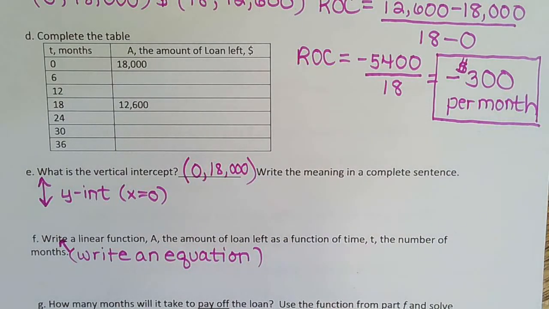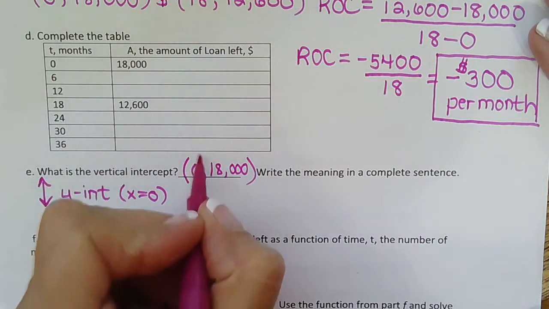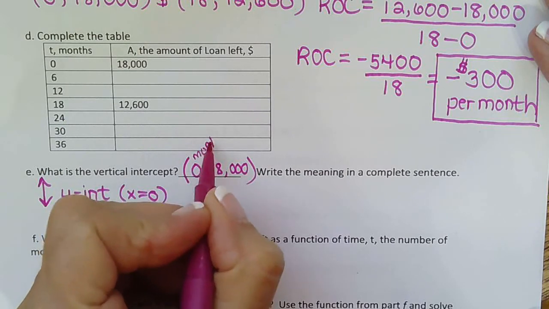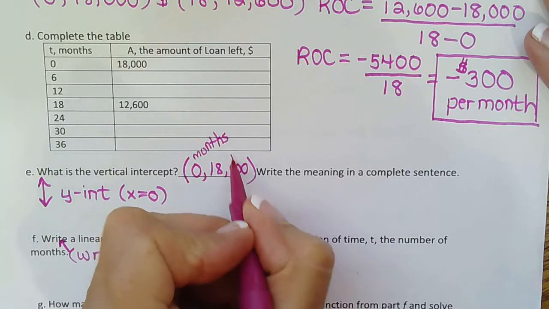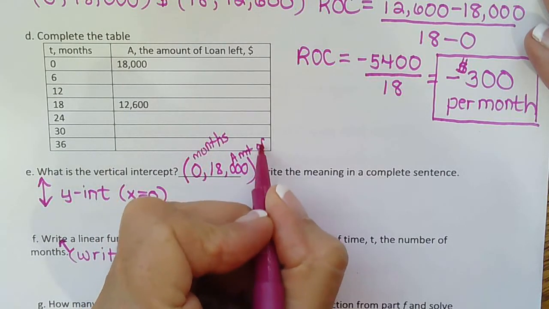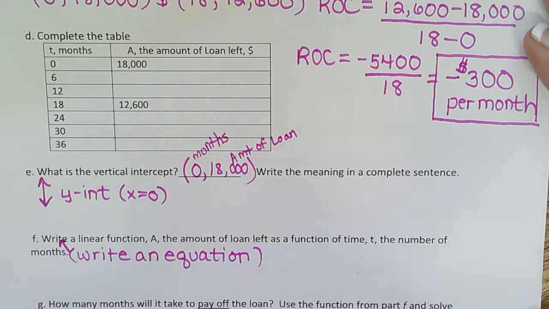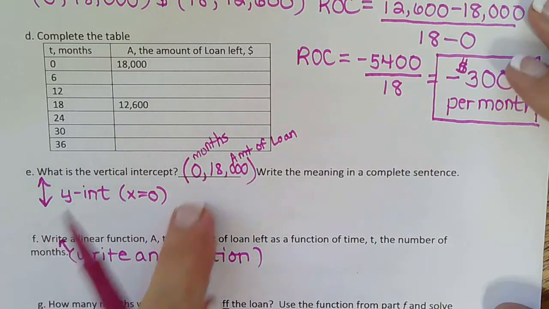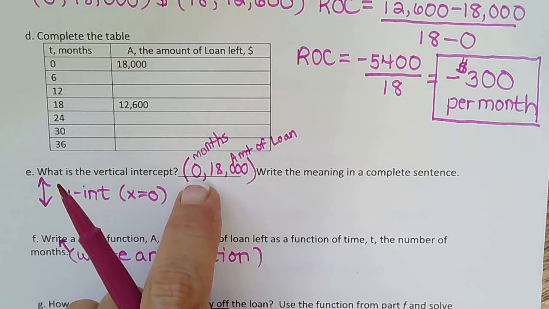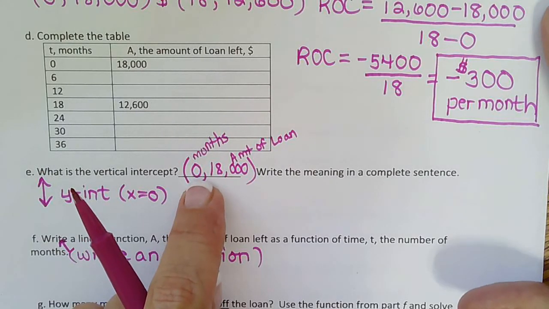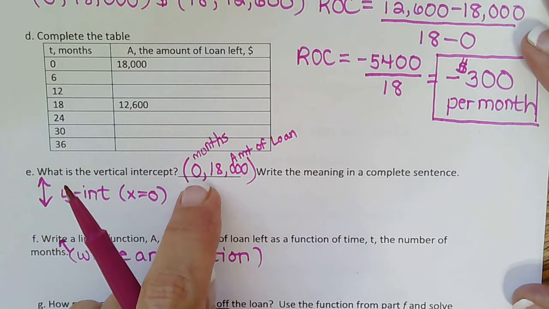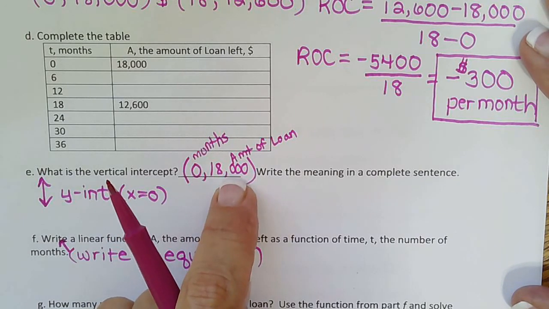So write the meaning in a complete sentence. So we know this is months. Remember, anytime you're asked to write a sentence, you first label your point, and we know this is the amount of loan. So instead of saying at 0 months, which we would never say in real life, we could say the original, because 0 months is original. The original amount of the loan was $18,000.